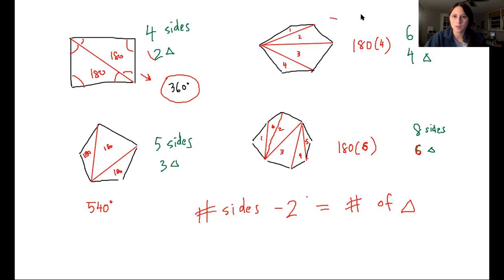So let me clear up some space here. We're going to use this idea to come up with how to find the amount of degrees in the interior angles of any shape. If I call the sides of a polygon by a variable, and our book uses the variable n, okay, then let's go back to our pentagon here.